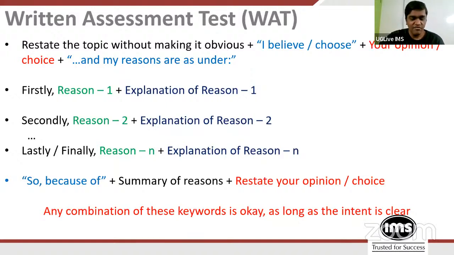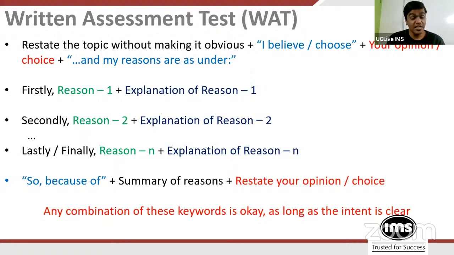Okay, and then we have what we call the summary or the concluding paragraph that says, and that is why, because of. When we say summary of reasons, we need to look only at those keywords that we mentioned initially. And that is why, because of the lower economic impact, this, and this, I believe, and then you can restate what you just said in terms of your opinion, or I chose in terms of choice, and then wrap up the WAT.